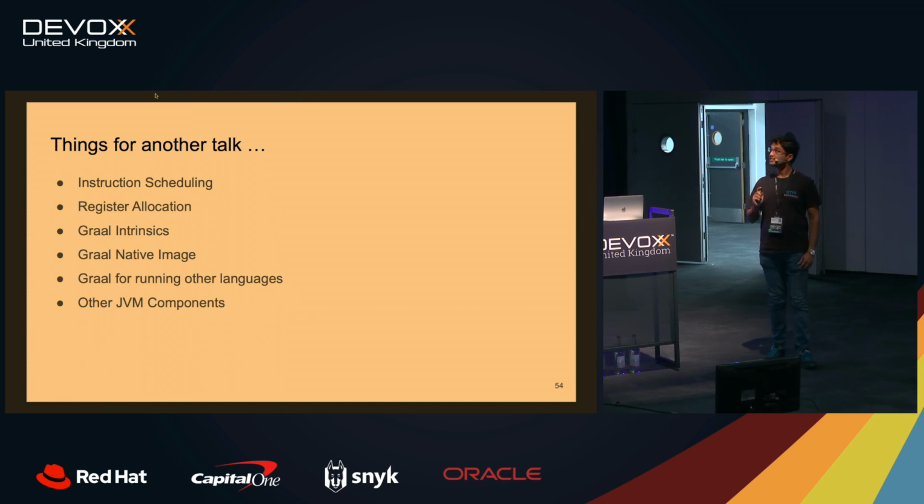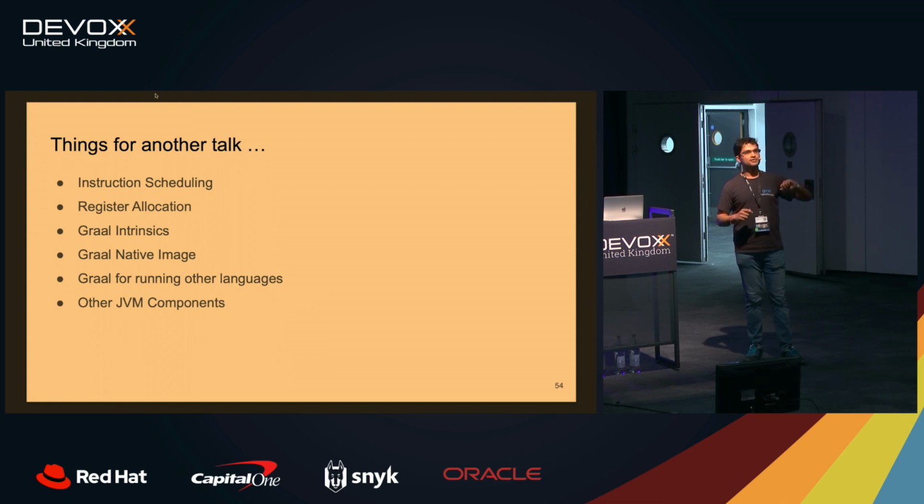Things that we haven't seen, and therefore they are quite big topics in themselves, such as instruction scheduling, register allocation, and Graal intrinsics. This is the part which I was working on recently.